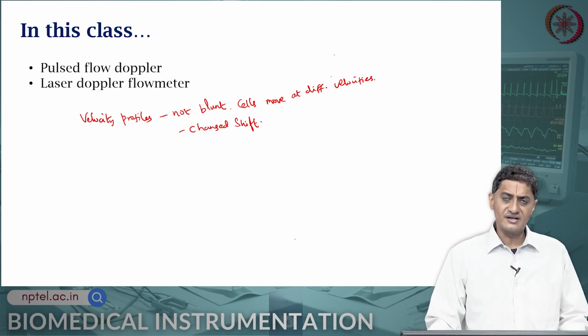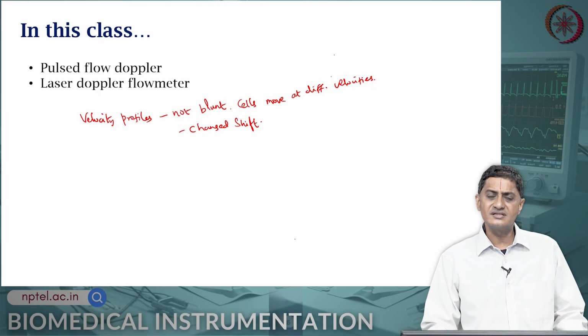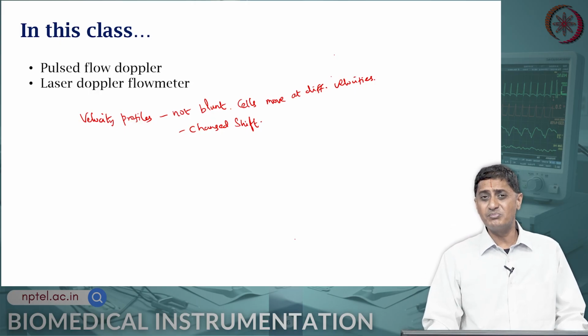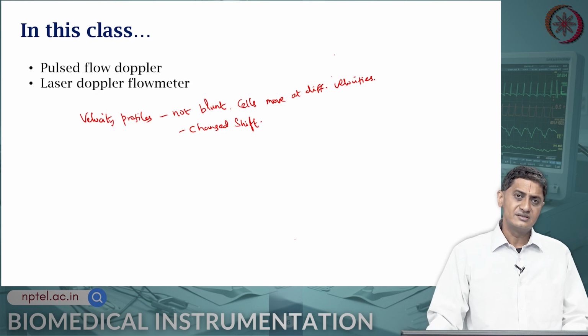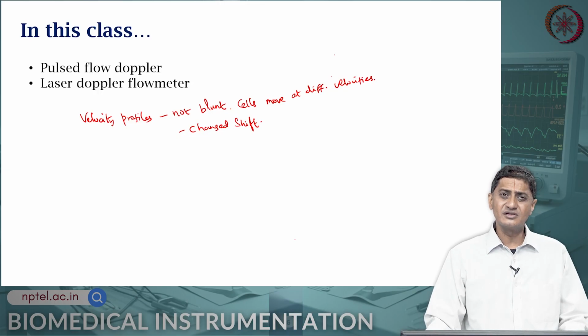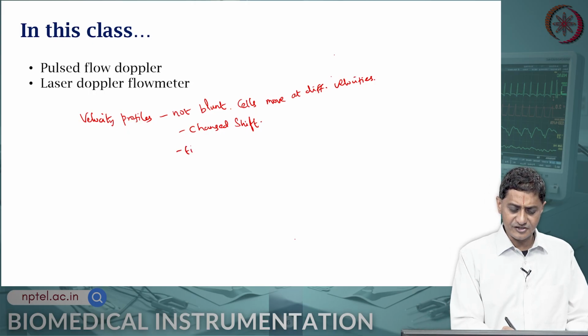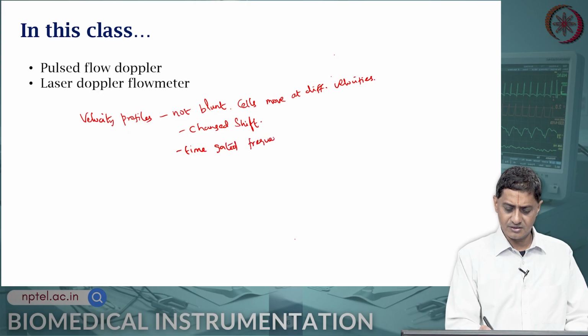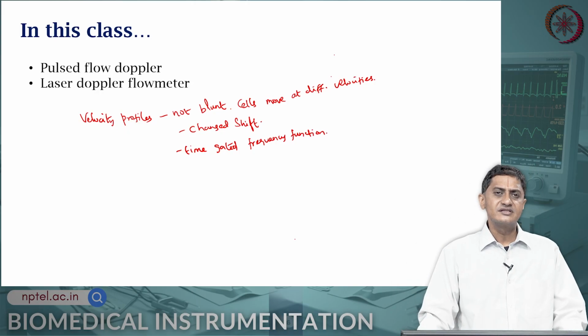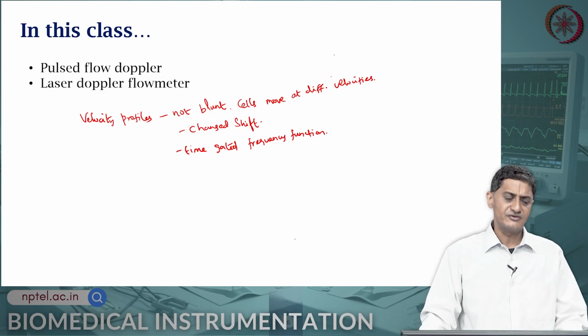Another reason is that a single cell is at the beam intersection junction, the measurement site, only for a very brief amount of time. This essentially leads to a situation in which what you are measuring at the output is a time gated function of frequencies. Now, this again leads to changed shift in the frequencies.